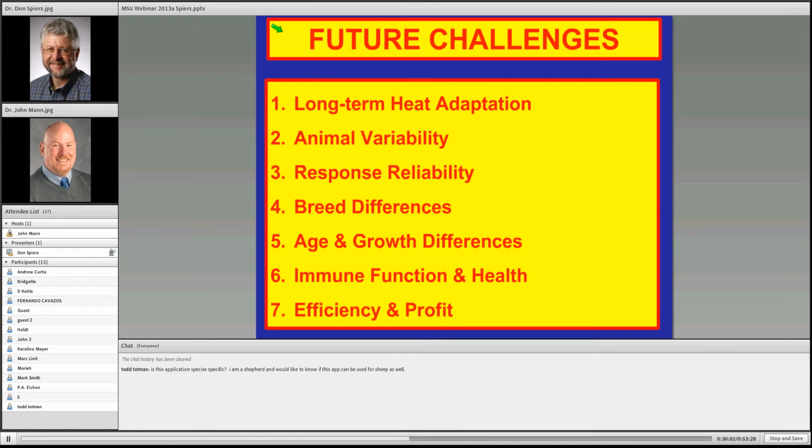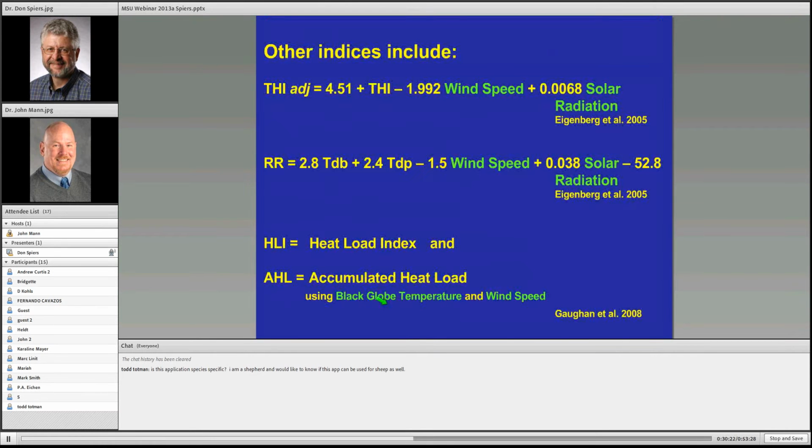It does not take into account such things as adaptation, the variation between animals, the reliability of various responses, breed differences, differences in age, growth differences, whether they're fast-growing animals or slow-growing animals. It does not take into account really the immune status of the animal, and ultimately the profit that the producer might gain from using something like this.